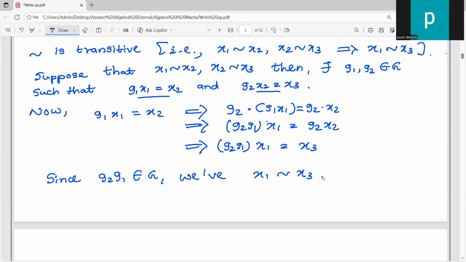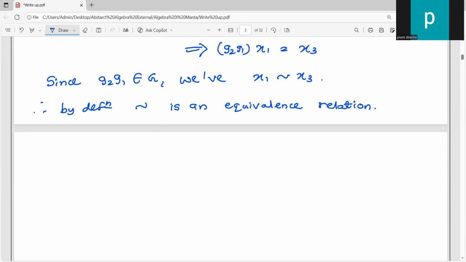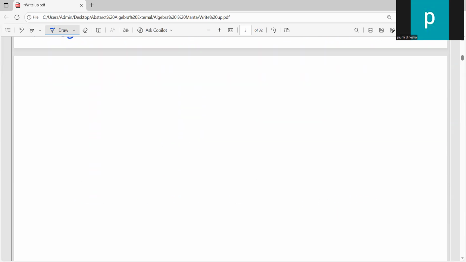Therefore, by definition of an equivalence relation, this given relation tilde is an equivalence relation.